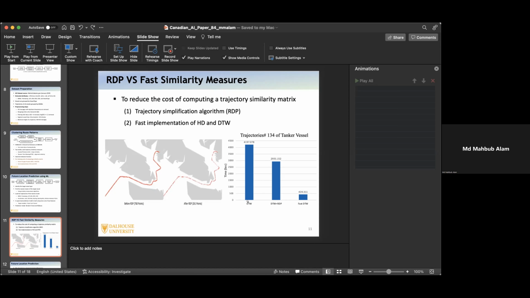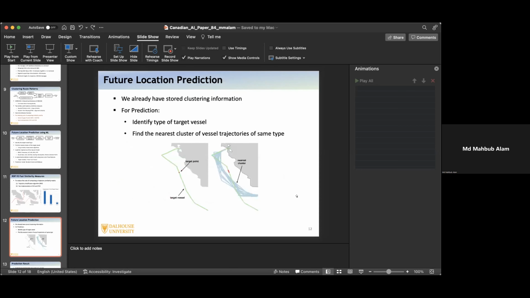For DTW, it's almost 4,000 seconds. After applying RDP, we need almost 3,000 seconds. But the fast implementation of DTW only requires 424 seconds because there is an algorithm improvement also. So that's why we basically used the fast implementation of DTW for prediction.